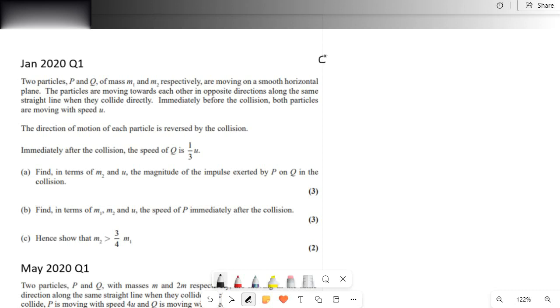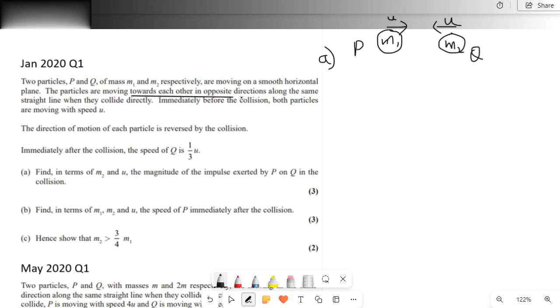So for A, we can first draw the situation, which is like this. If this is m1 and this is P, it will travel with a velocity of u, and similarly Q would also have a mass of m2 moving in an opposite direction with a velocity of u, again as given here.